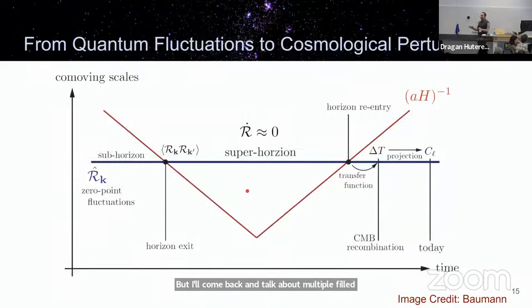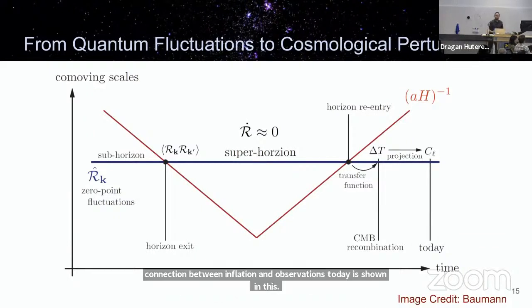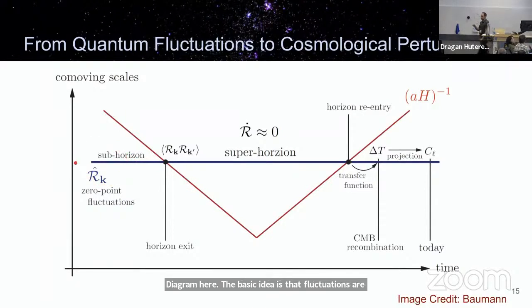Okay, so a summary of what we will try to do to make a connection between inflation and observations today is shown in this diagram here. The basic idea is that fluctuations are inevitable during inflation because of quantum fluctuations in the fields and the metric.